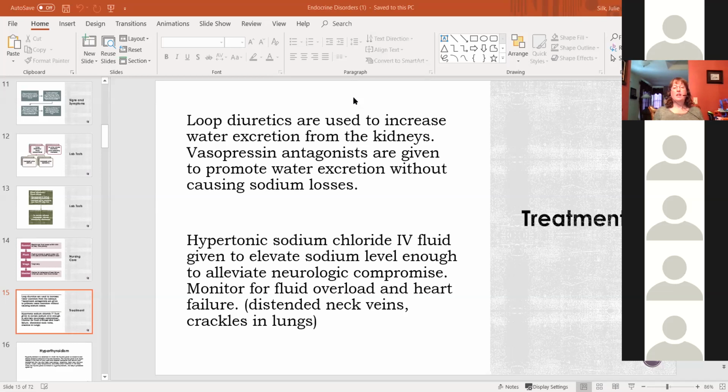With SIADH, I want to know, what do you think our labs would look like? What would the urine look like with SIADH? Would it be concentrated or dilute? Yes, it's going to be concentrated because we're not putting out as much, right? So what would your blood look like then?